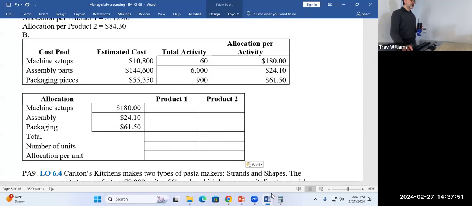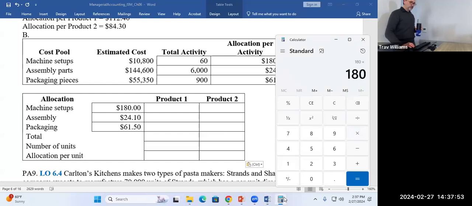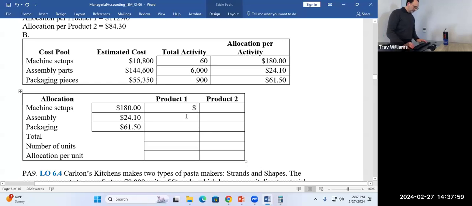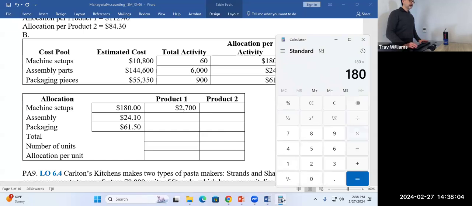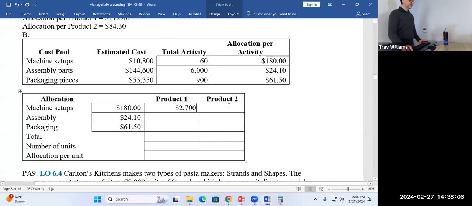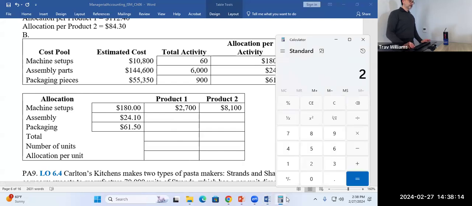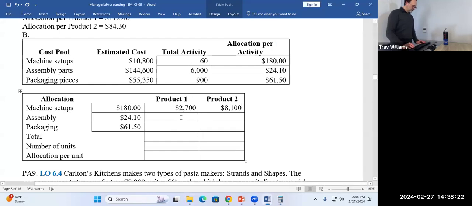So we'll take 180 times 15 for product one, and 180 times 45 for product two. Then we'll do the same thing. Assembly was 3,000 each. 24.10 times 3,000 parts to assemble comes out to 72,300. That's going to be the same for product two.